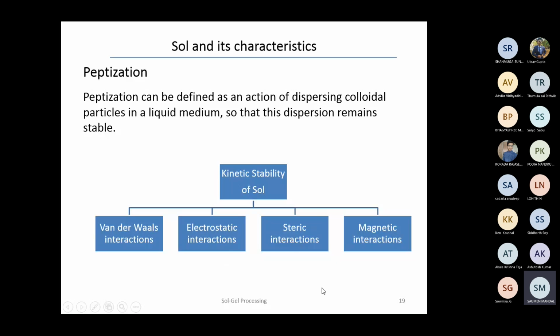Steric hindrance I already discussed: if some organic moieties are attached, they form a self-assembled monolayer, and this steric hindrance prevents aggregation or agglomeration of several particles. And magnetic interaction: if you make the particles magnetic, there will be a magnetic repulsion. But this is of limited use, since the particles should have magnetic properties.